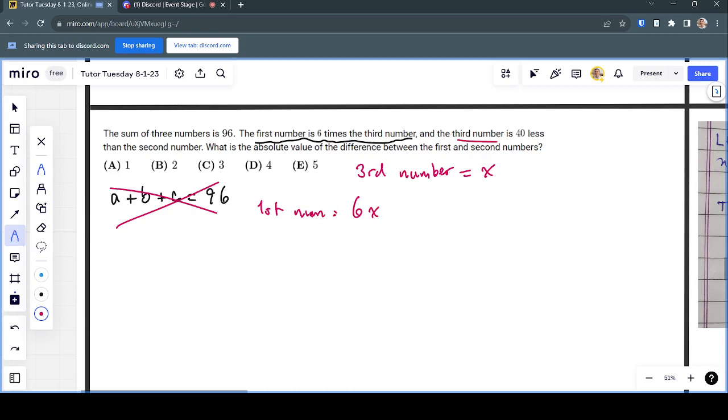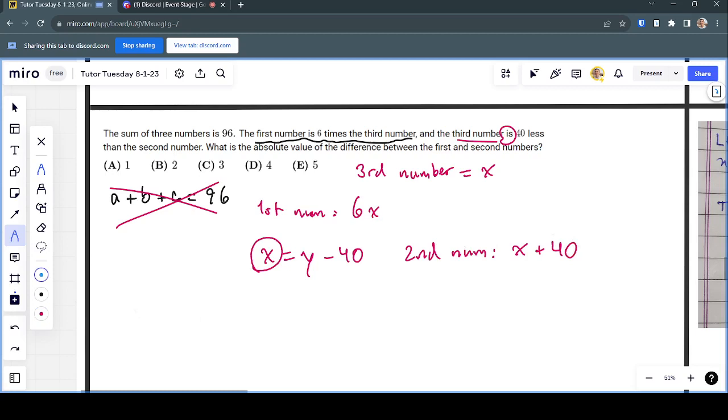And then the third number, x, is equal to 40 less than the second number. So if the second number is something like y, the third number x is just 40 less than the second number. So that means the second number would just be x plus 40.